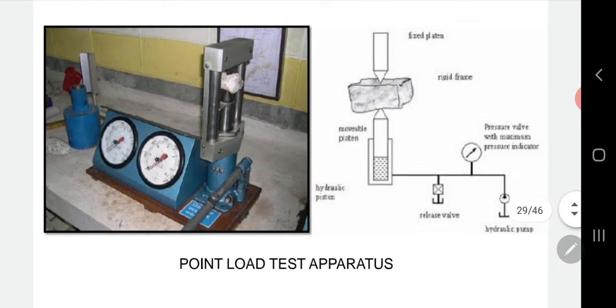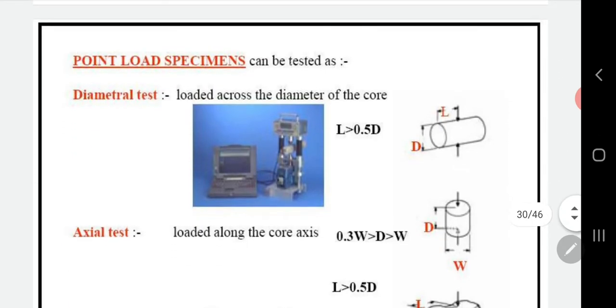We are applying pressure, and the pressure is basically from hydraulic pressure, because we need a very high pressure to compress the specimen, and we need to make sure the specimen fails, and we record that value.